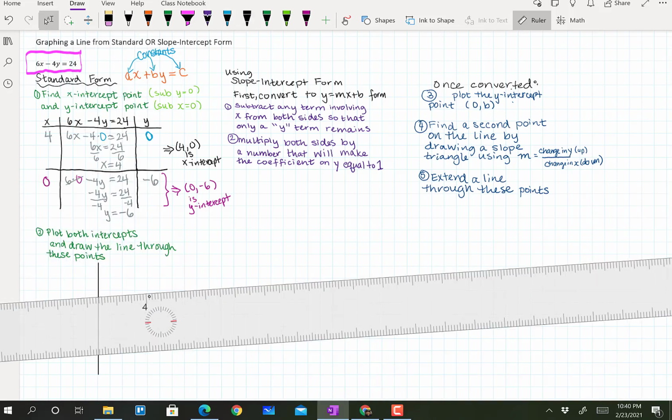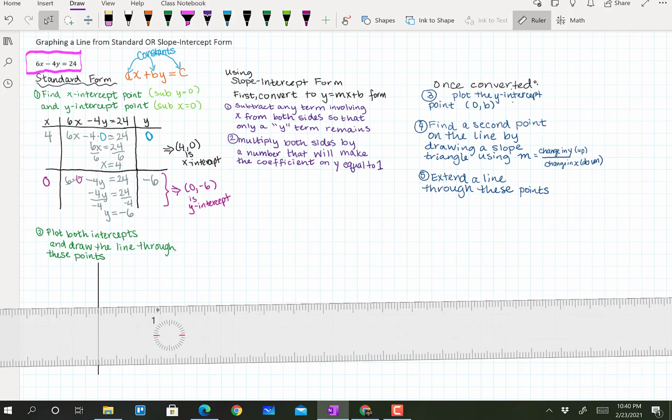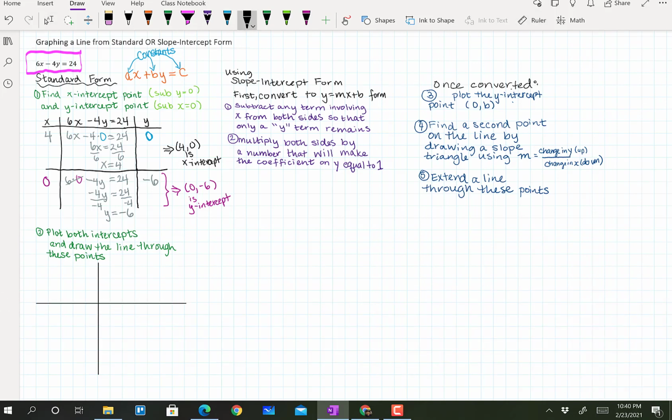So I want to make sure that when I plot this graph, I have room for all of that. So 1, 2, 3, 4, 5, 6 down, negative 6, and 1, 2, 3, 4 needs to be part of my graph. There we are.